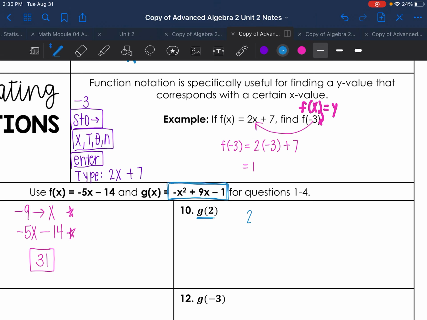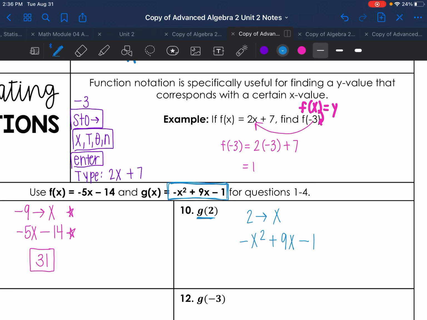So I'm going to type 2, store x, hit enter, and then we type in the equation exactly as it's written. -x squared plus 9x minus 1.